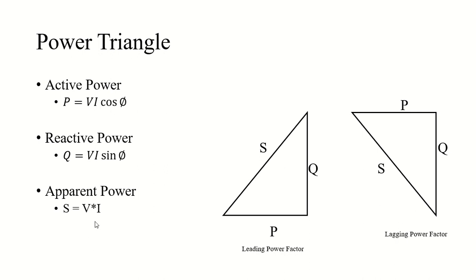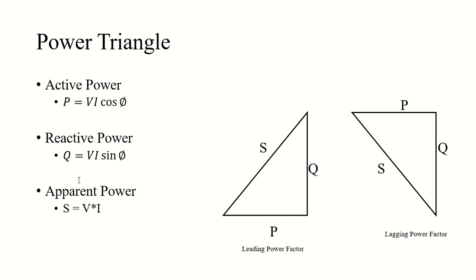VI will get cancelled, and the remaining part is cos phi, which is nothing but our power factor, and it is given by P by S. Similarly, we can do it for Q. We take the ratio of reactive power and apparent power. Q by S equals VI sin phi divided by VI. VI will get cancelled, and we are left with Q by S, which is nothing but sin phi.